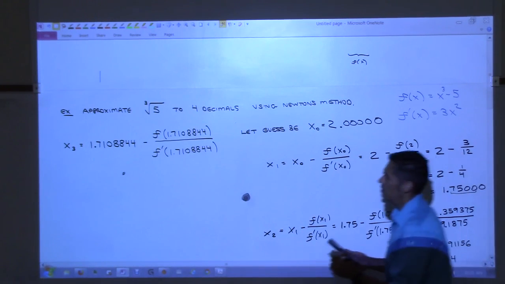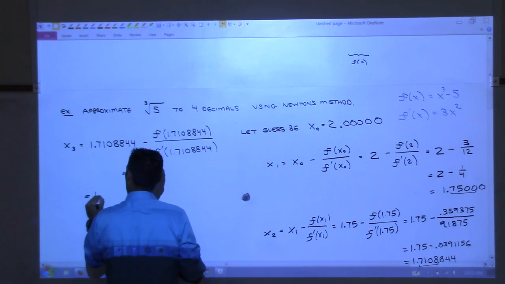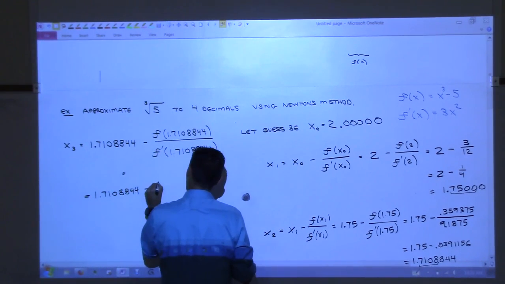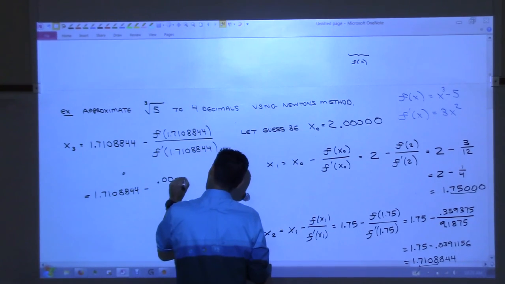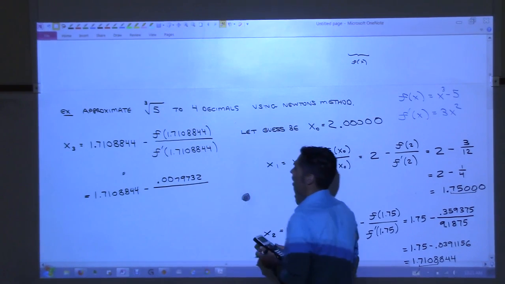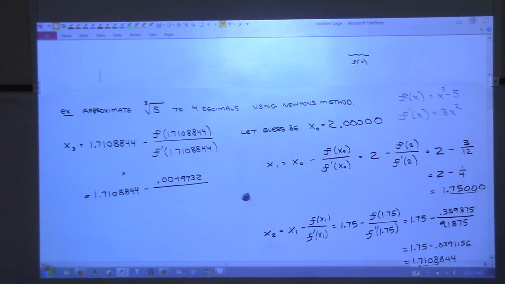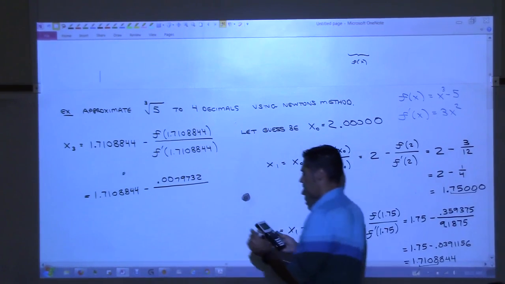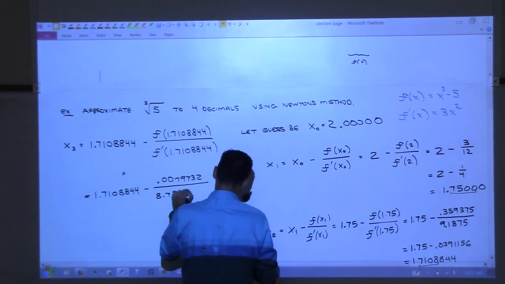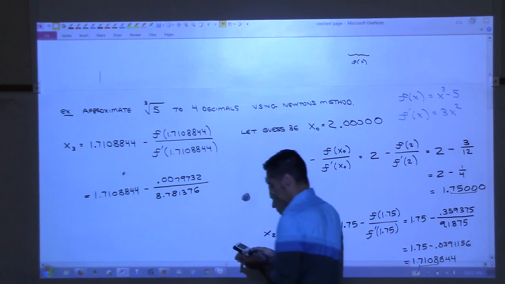Okay, so I got this. I've got 1.7108844. I'm going to subtract from that what I plugged into the top there, 0.0079732. That's good enough. Over, now I need to plug 1.7108844, square it, multiply times 3. I'm getting 8.781376, something like that.